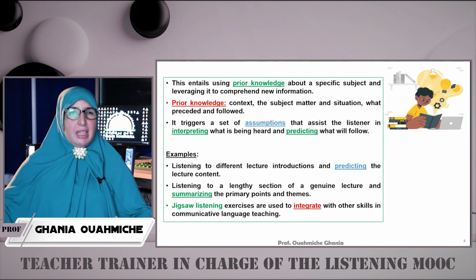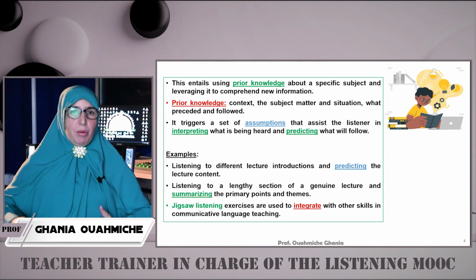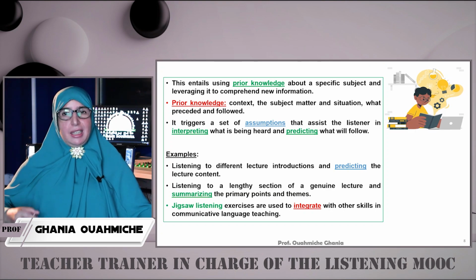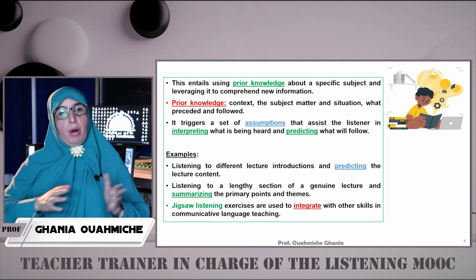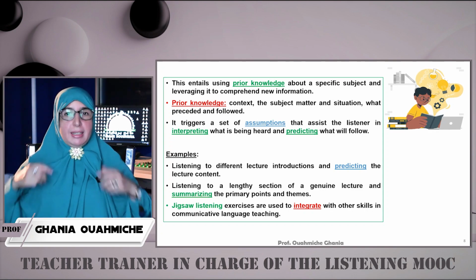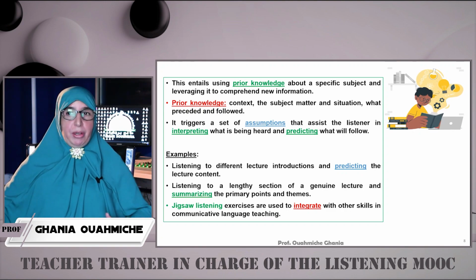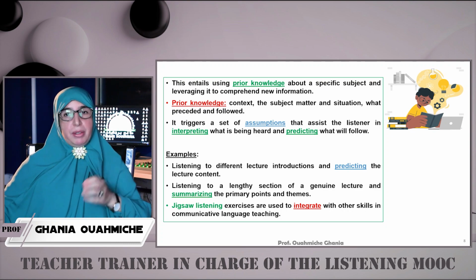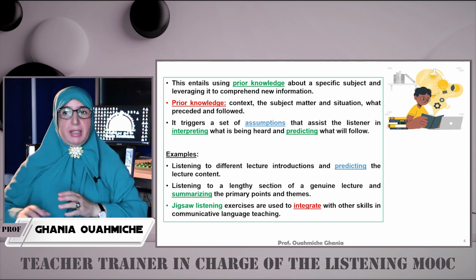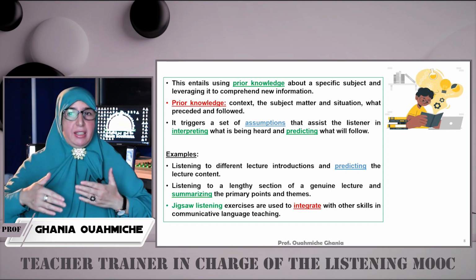This entails using prior knowledge about a specific topic and leveraging it to comprehend new information. Prior knowledge is context, the subject matter and situation, what preceded and what followed. It triggers a set of assumptions in your mind that assist the listener in interpreting what is being heard and predicting what will follow.